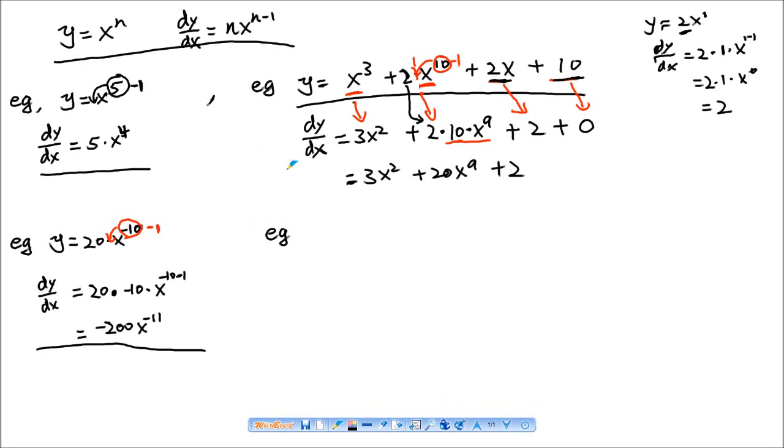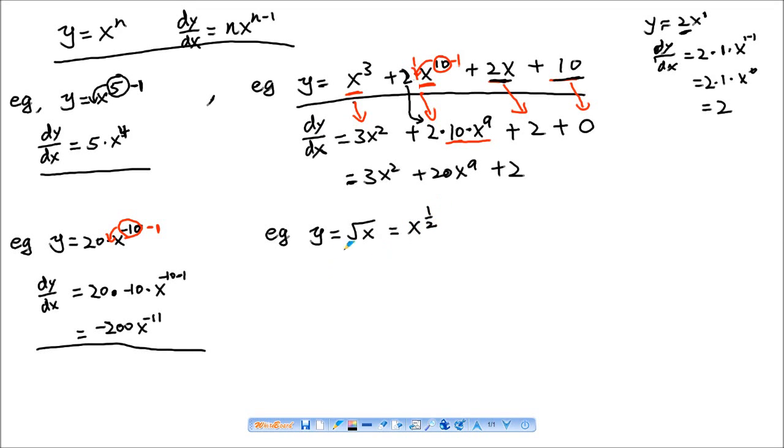Also, with this formula, we can differentiate this kind of question: y equals square root of x. The idea is we convert it into this form. Square root of x is x power of half.